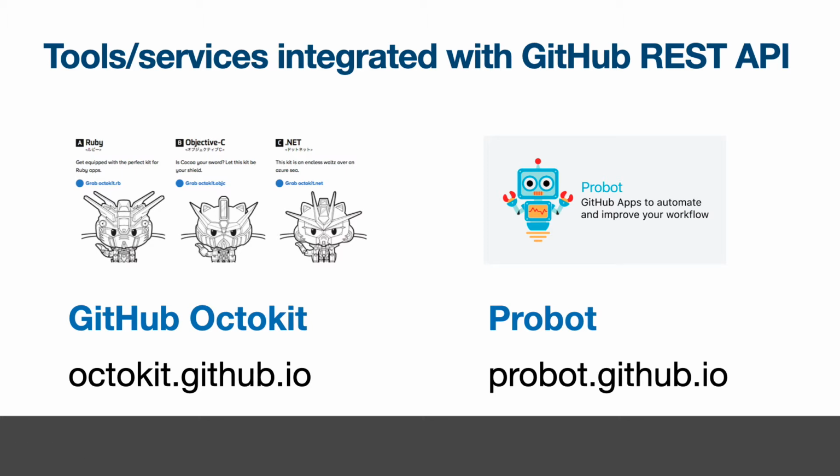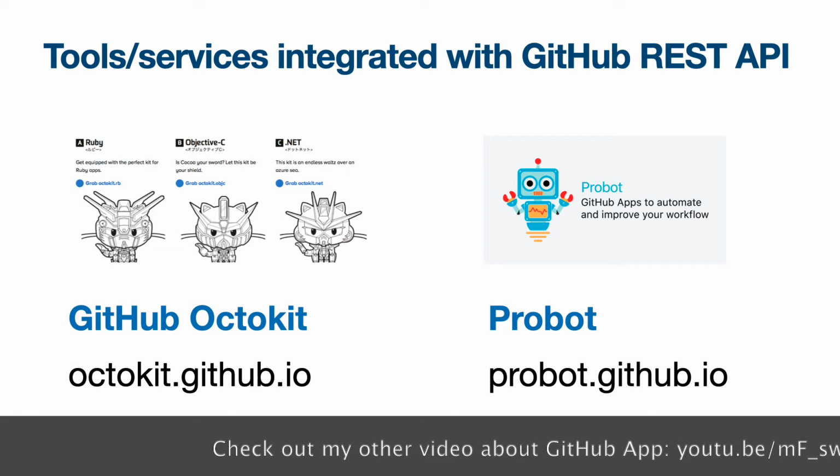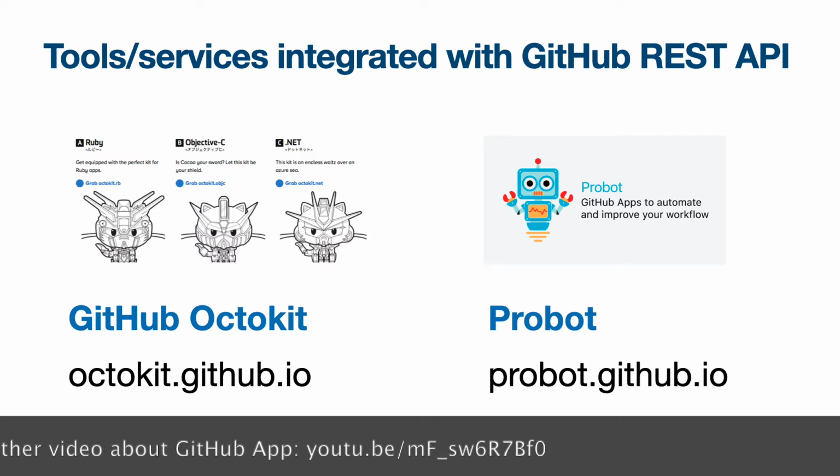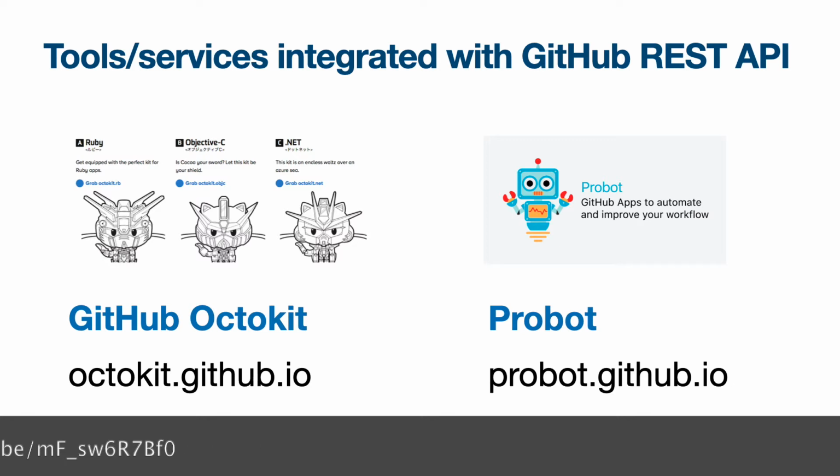They can be included in your programming languages or projects. And Probot is a GitHub app that can help to automate your workflow. Although these are not in the scope of this video, you can check out my other earlier video about GitHub apps to learn more about it.